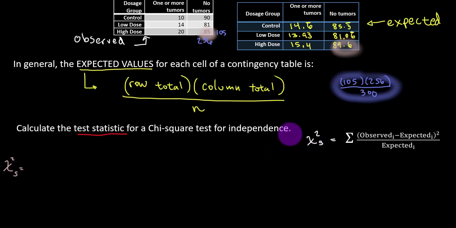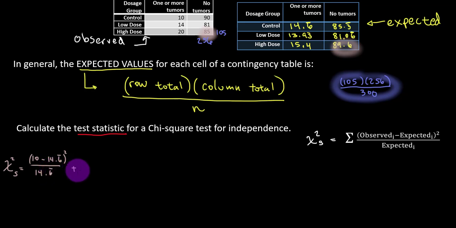Okay, let's start with the first column and we'll go downwards, and then we'll go to the second column, we'll go downwards. So there were 10 rats who obtained a tumor in the control group, but 14.66666 were expected if dosage really didn't matter over that expected amount.